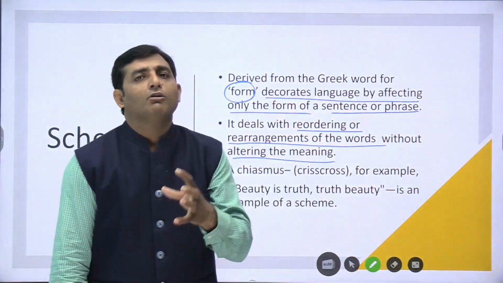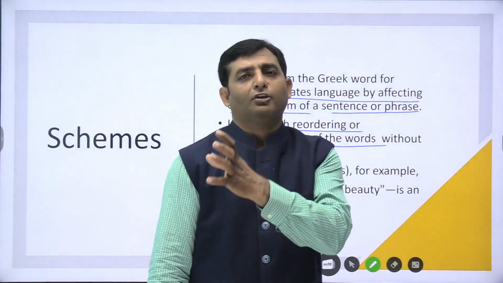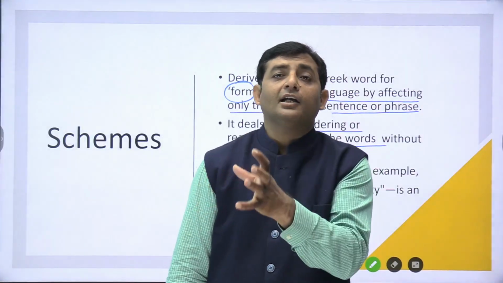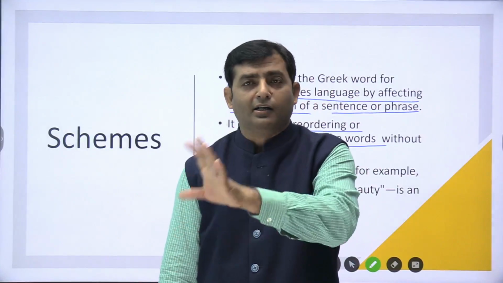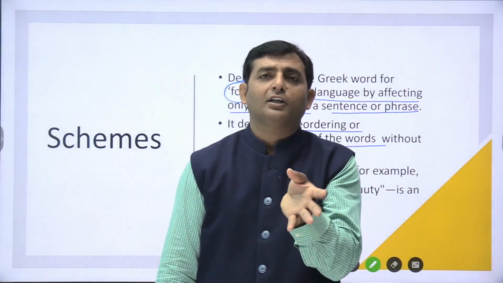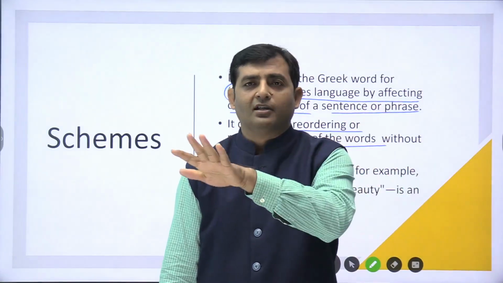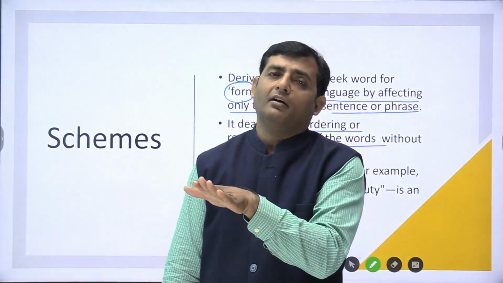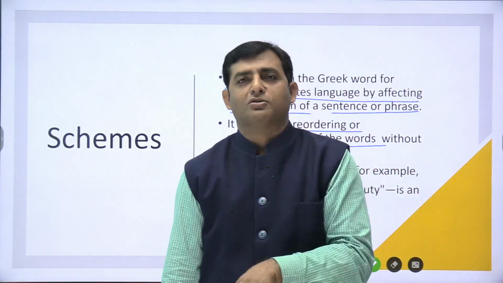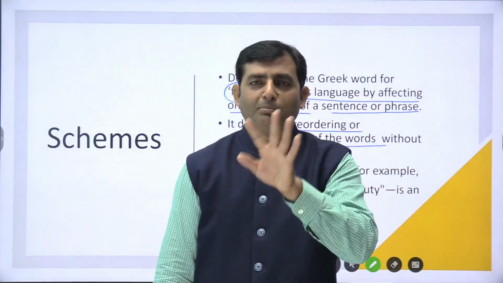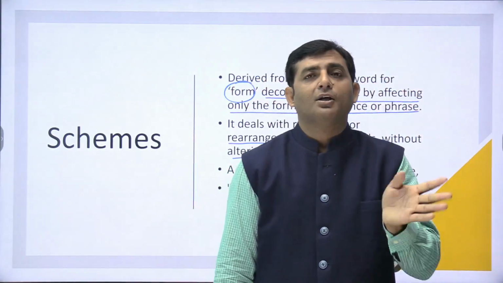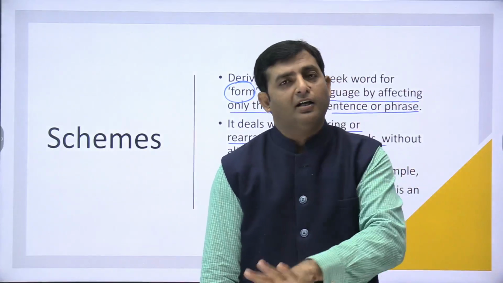Think not what you can do for your country, think what your country can do for you. Words are the same, orders are changed. Beauty is truth, truth beauty. Words are the same, order is changed.